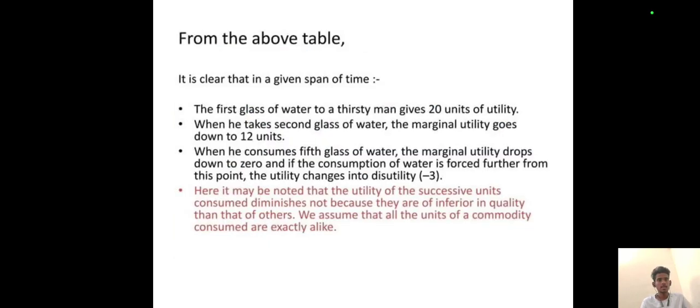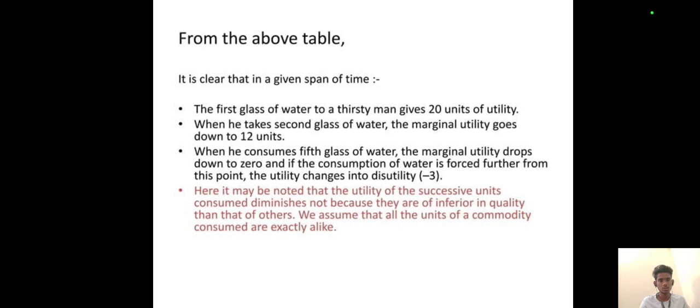It is clear that in a given span of time, the first glass of water to a thirsty man gives 20 units of utility. When he takes the second glass of water, the marginal utility goes down to 12 units. When he consumes the fifth glass of water, the marginal utility drops down to 0, and if the consumption of water is forced further from this point, the utility changes into disutility, that is minus 3.